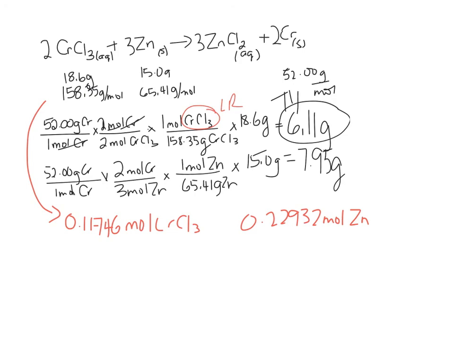You multiply the first one by 2 chromiums over 2 chromium chlorides, what you want over what you have, and the second one by 2 chromiums over 3 zincs, what you want over what you have. The one that produces the smallest amount of moles of chromium will be your limiting reagent. The mole ratio comes from your coefficients.